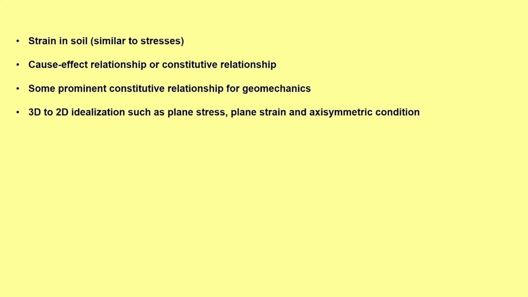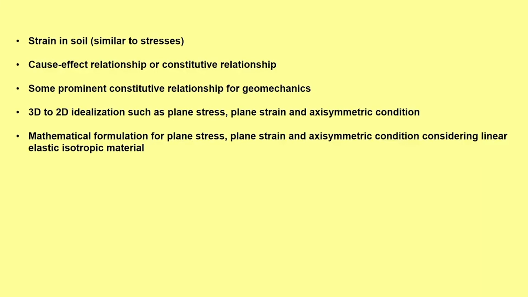Then we discussed 3D to 2D idealization, which is very important for solving problems and making the approach simpler. In terms of 3D to 2D, we discussed 3 conditions: plane stress, plane strain and the axisymmetric condition, and we insisted that in geomechanics, plane strain and the axisymmetric condition are very important.